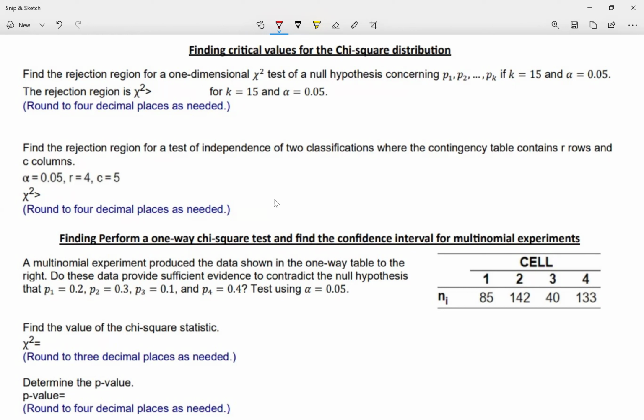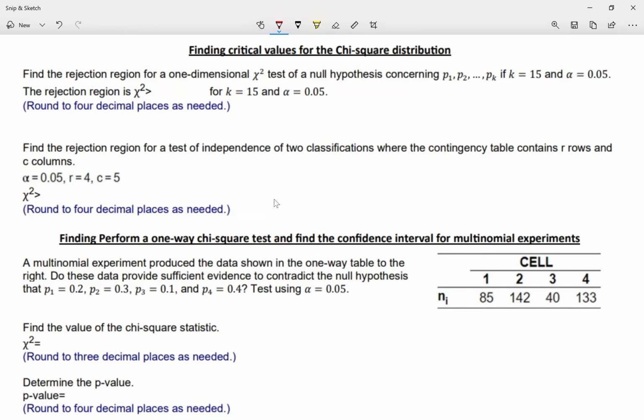But then I see k is equal to 15. So basically, I'm saying if there are 15 samples and an alpha of 0.05, so we're going to be 95% sure on our answer, the rejection region of a chi-square is greater than, and I see some space there, so I'm going to have to fill out the value.